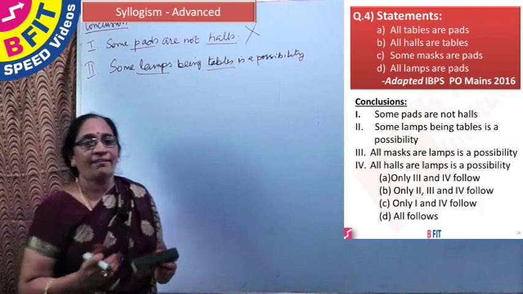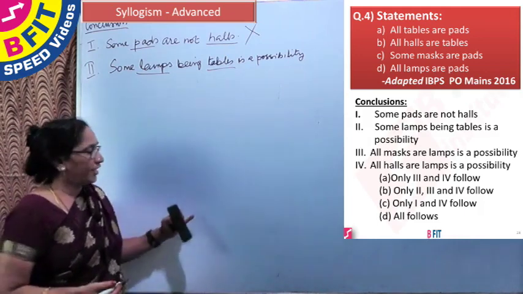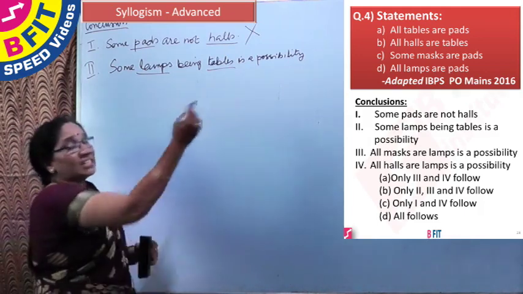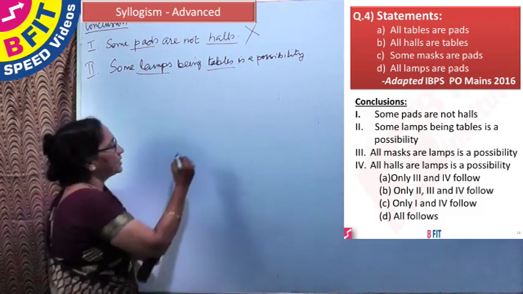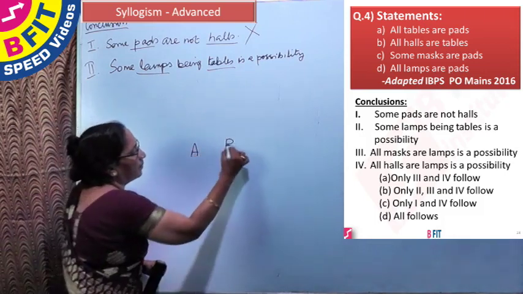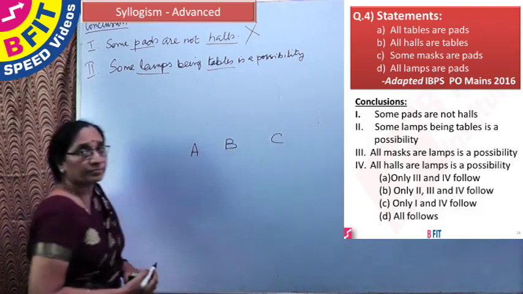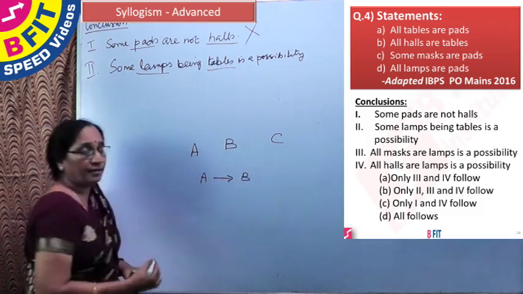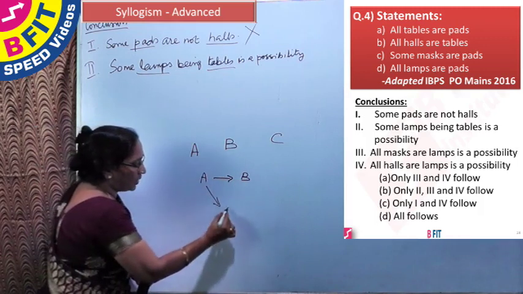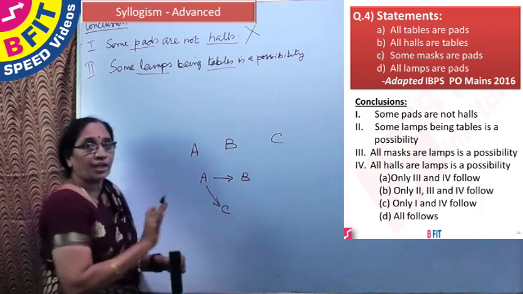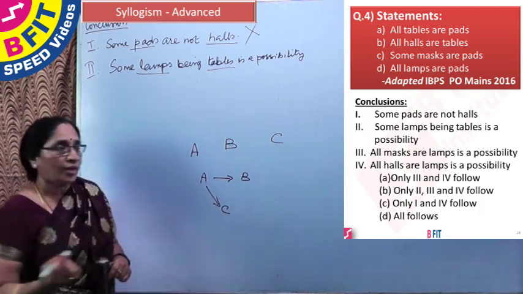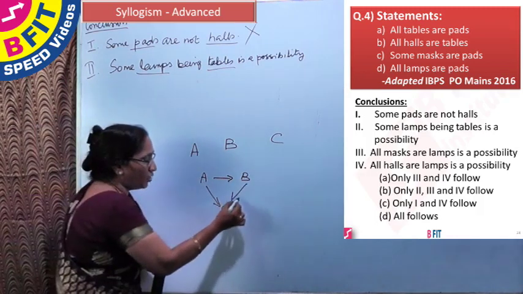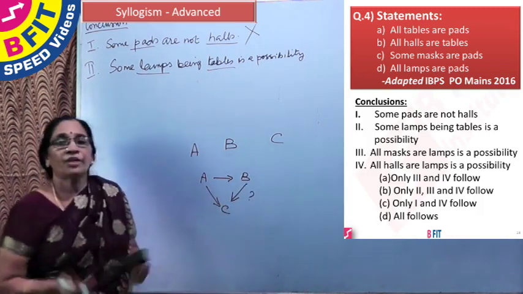Some of you may have a doubt of how, when there is no valid conclusion, the possibility case is true. Let us consider three persons, A, B and C. A is known to B. A is known to C. This is the fact we know. Now if they question whether B knows C, we do not know.